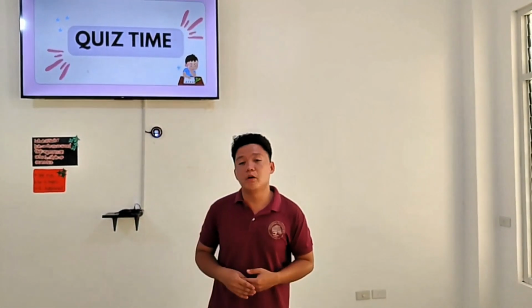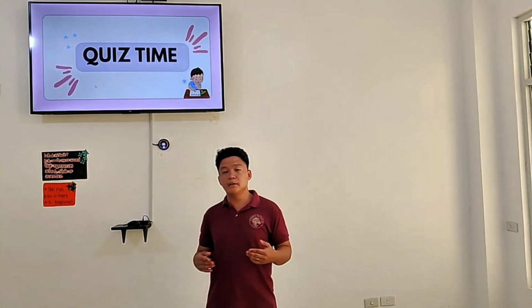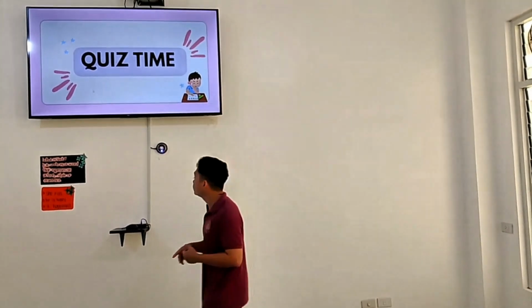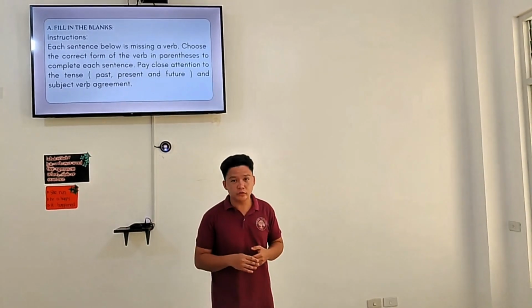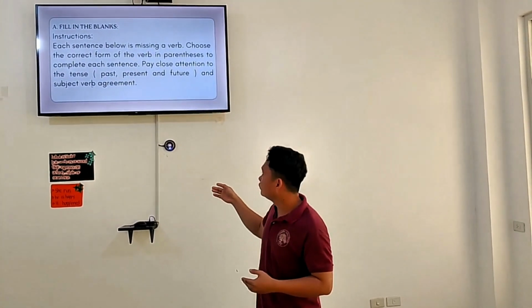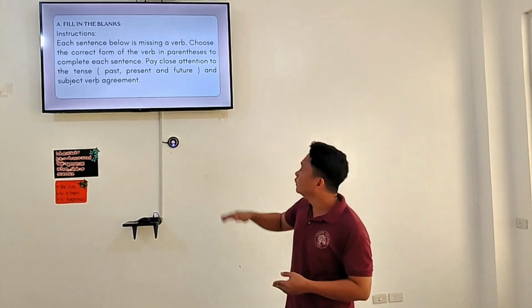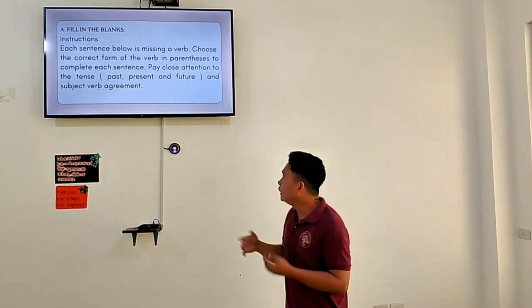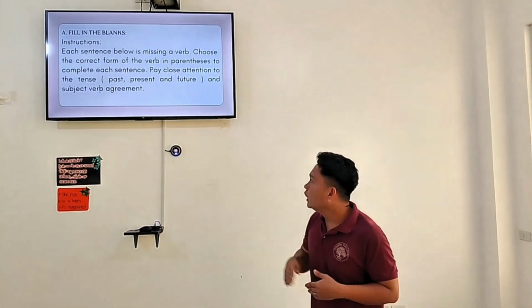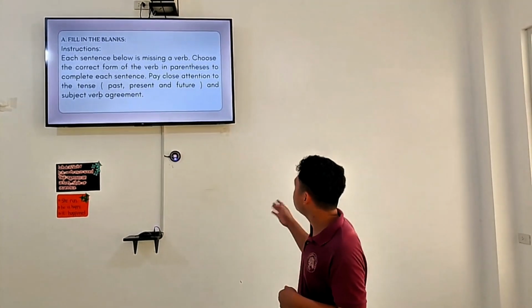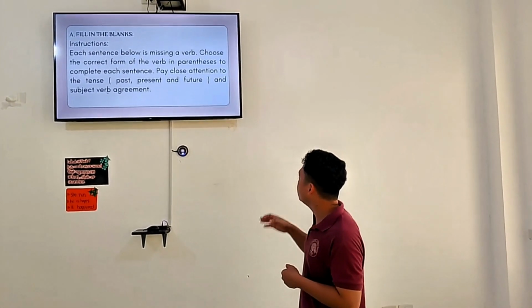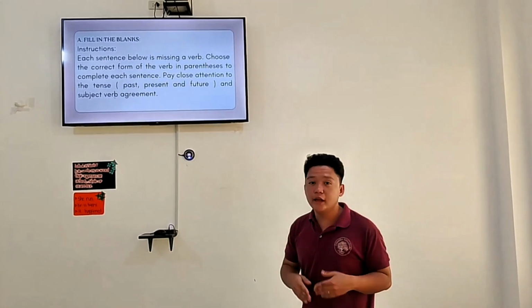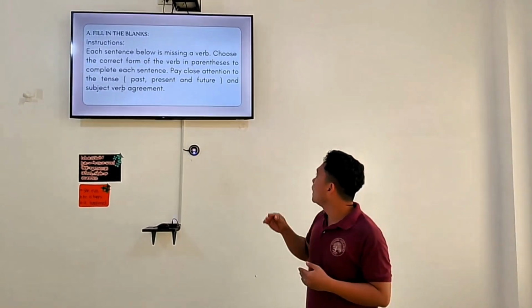Since we are done with our topic for today, let's have a short quiz. Now, here's the first activity that you must answer. Letter A, fill in the blank. The instruction is: each sentence below is missing a verb. Choose the correct form of the verb in parentheses to complete each sentence.